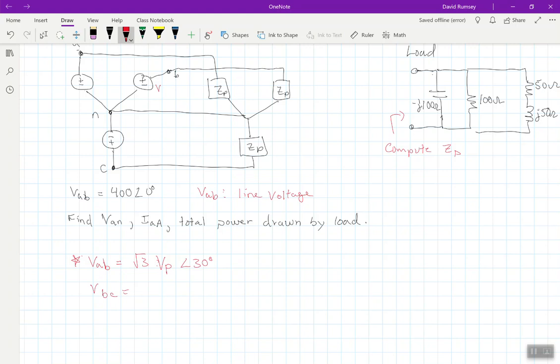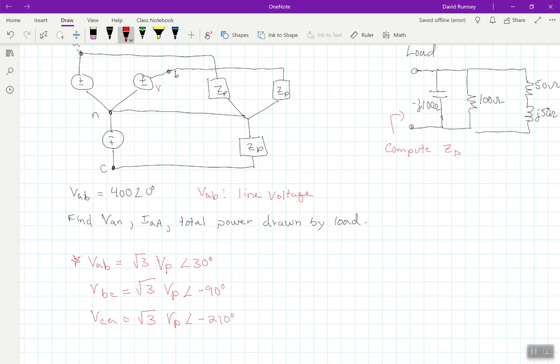VBC, because there are three possible combinations, is going to be VP square root of 3 at an angle of negative 90 degrees, and VCA is equal to the square root of 3 VP at an angle of negative 210 degrees.